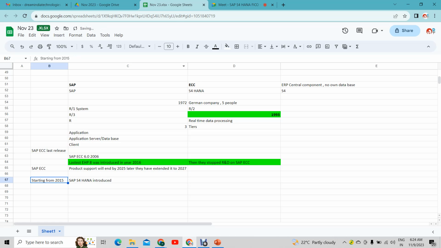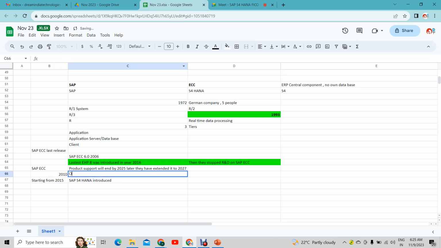So in 2015, SAP S4 HANA came into the game. But the actual research and development SAP would have started before, right? If you have a product ready by 2015, it means the hard work and the investment was done before, right? It's a normal thing.